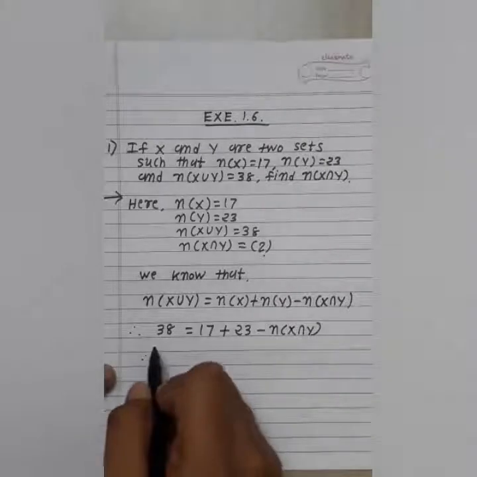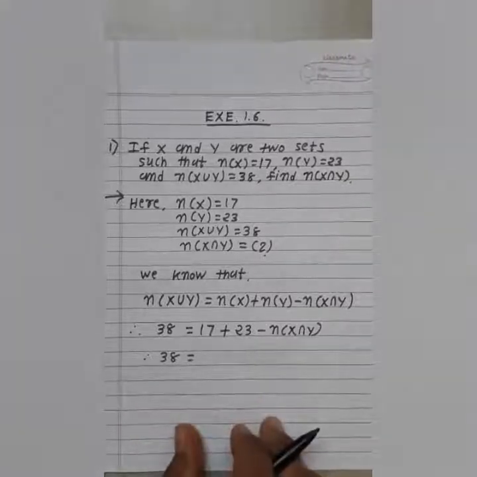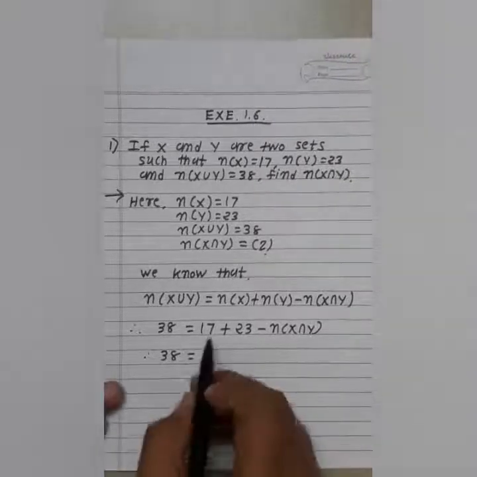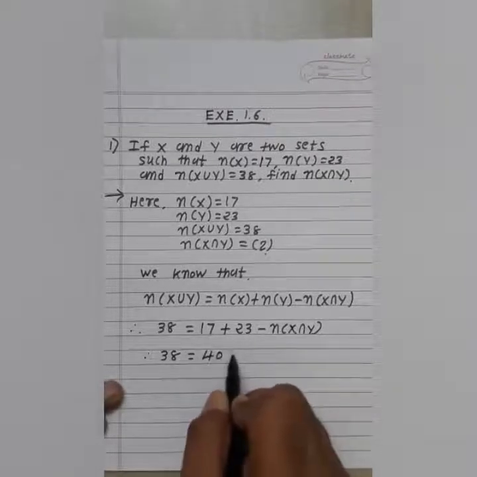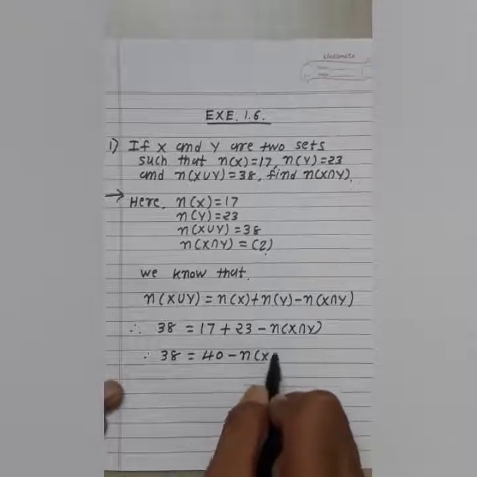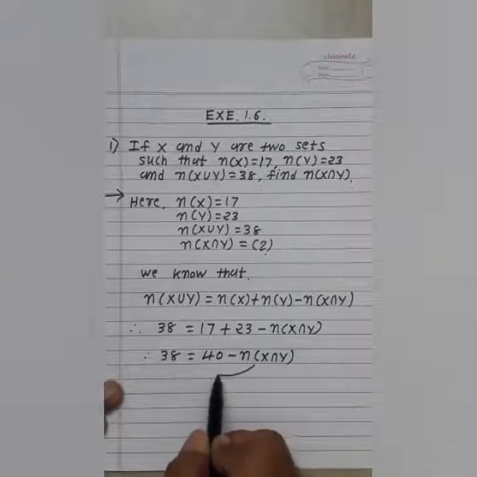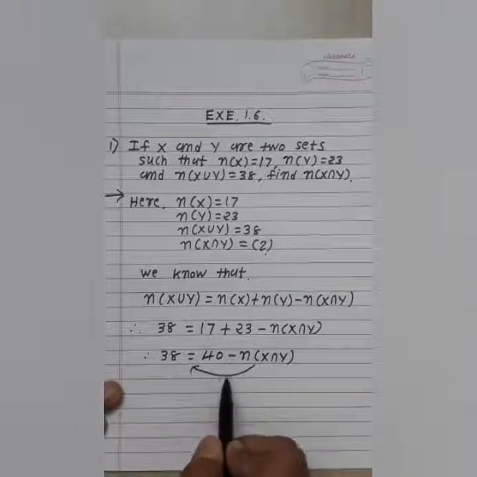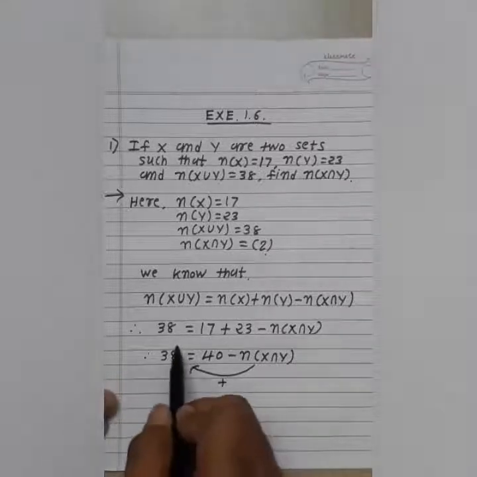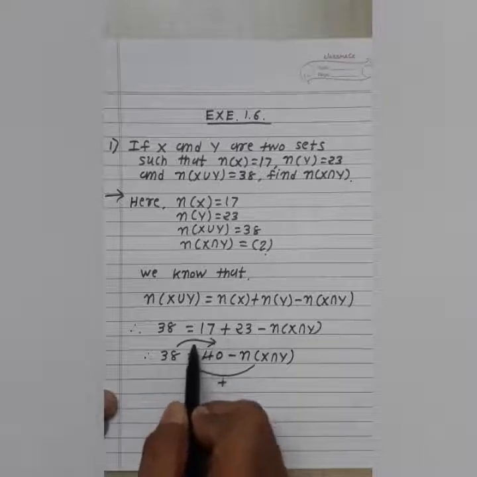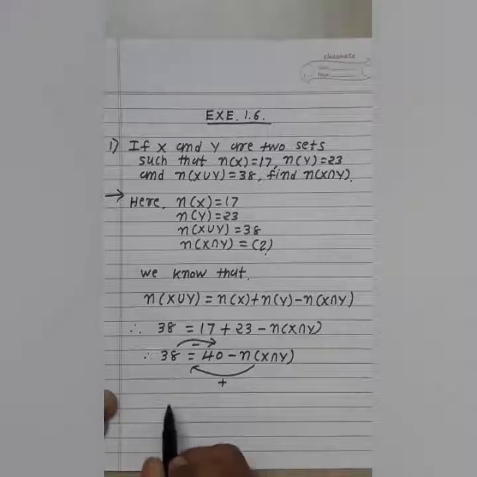So first of all, add these numbers. 38 is equal to 17 plus 23, that means 40, minus n of x intersection y. Now we move this negative term to the opposite side; the minus sign is present, so we change the sign, and the positive 38 moves to the opposite side with a changed sign, so minus.